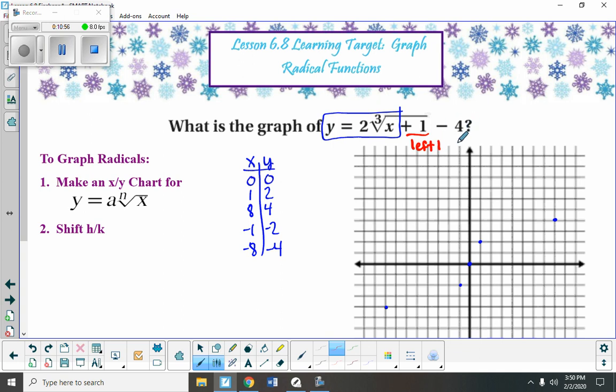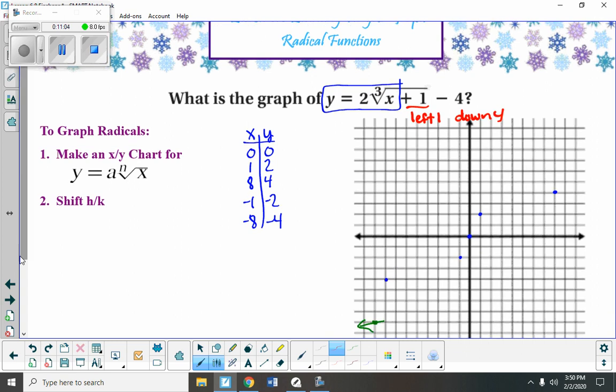And when it's a minus 4, we're going to go down 4. So let's move this up a little bit here. So take every point: to the left 1, down 4. Left 1, down 4. This is where our final graph is.